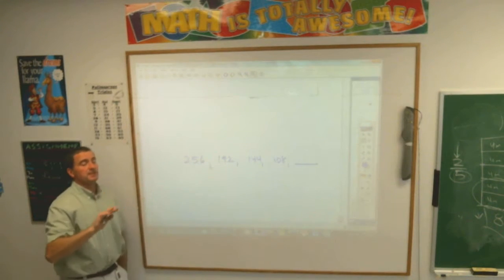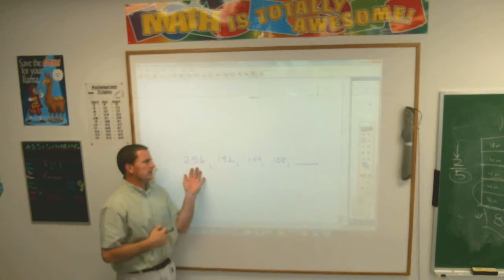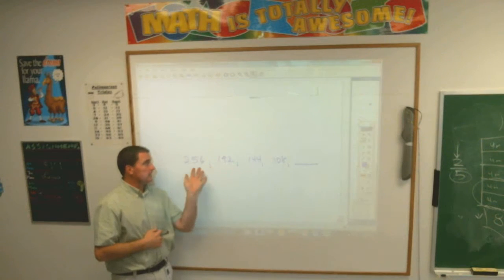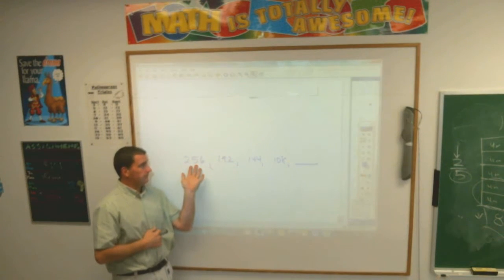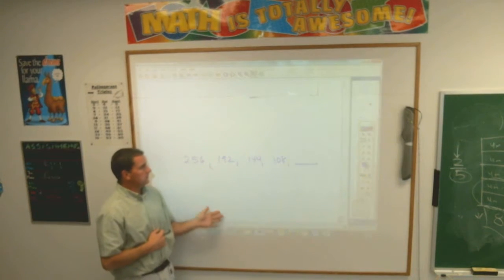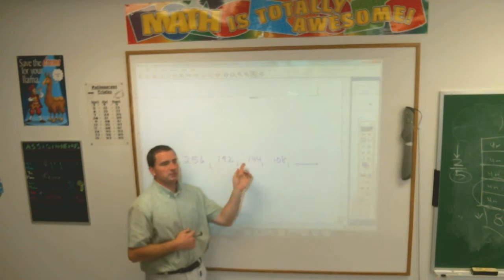Now, again, this is not by adding and subtracting. Your first thought is to go from 256 down to 192, that is 64 less? Well, if you take 64 away from this, you don't get that.